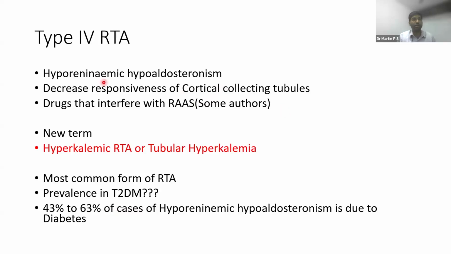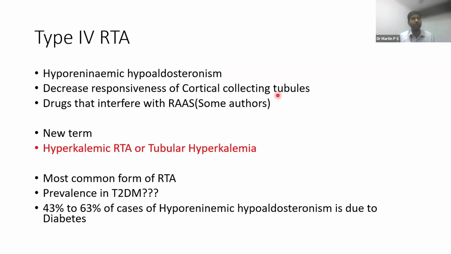Nowadays, we all know that checking the levels of renin and aldosterone every time you come across a patient with hyperkalemia and normal anion gap metabolic acidosis is not practical. Anyone who has done a plasma renin activity and aldosterone renin ratio knows that the turnaround time of the test is very long, close to 1 week.